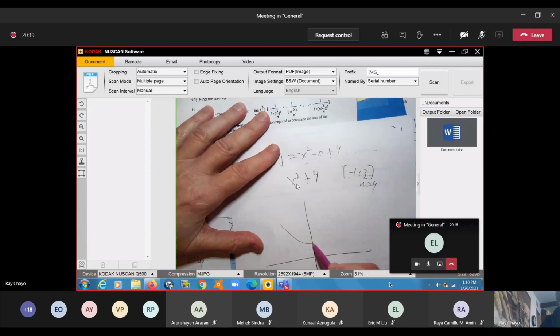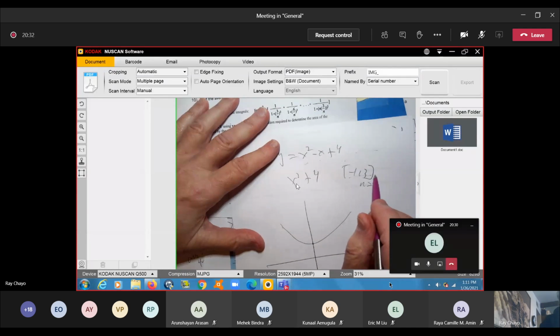Again, I'd have to give you something like the x-axis. So let's do negative x squared plus 4 and the x-axis, from -1 to 3.